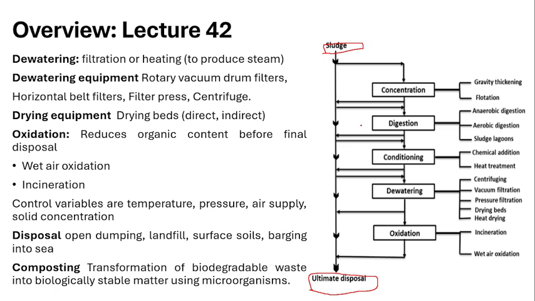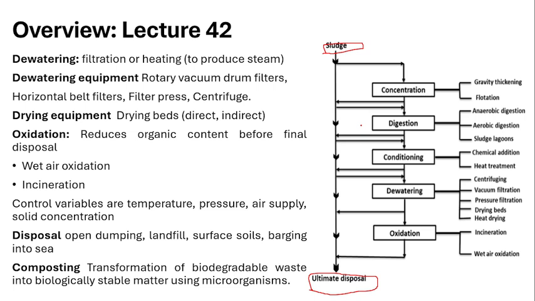Next is the conditioning of the sludge. So in the case of conditioning, we can do some conditioning which will be very helpful for us before going for the dewatering or digestion and all. Okay. So now in the case of conditioning, we can use some chemicals or we can use the heat method to treat the sludge. Next is the dewatering. So dewatering is one of the essential steps so that the sludge can be concentrated very much.